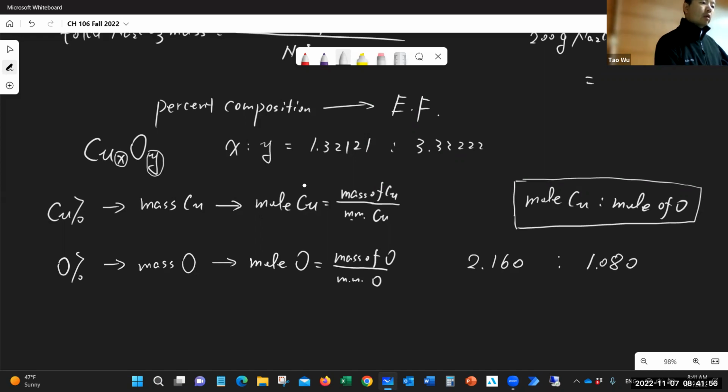If you have copper and oxygen, and the mole numbers you got are 2.160 for the first one and 1.080 for the second one, how do we get the ratio?